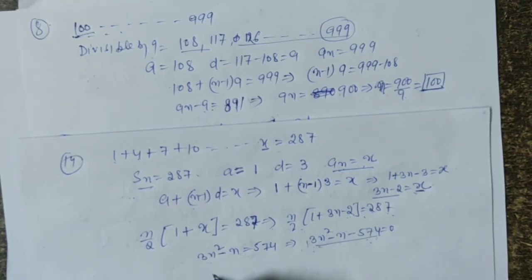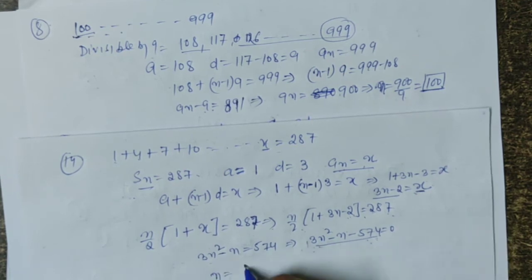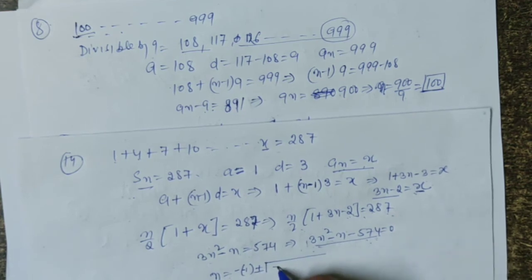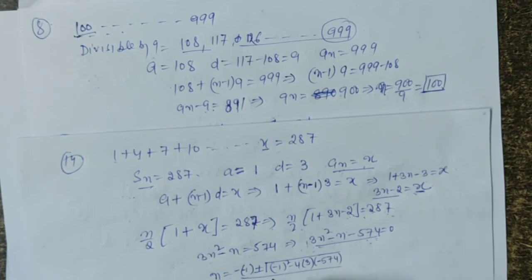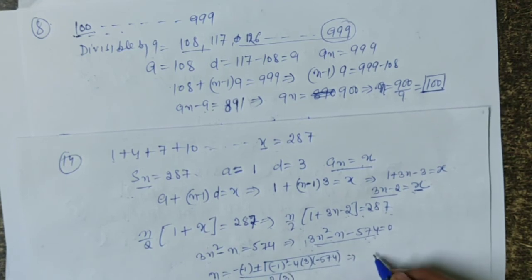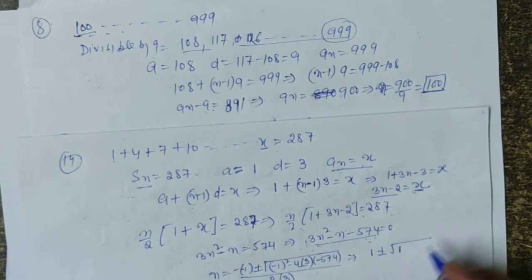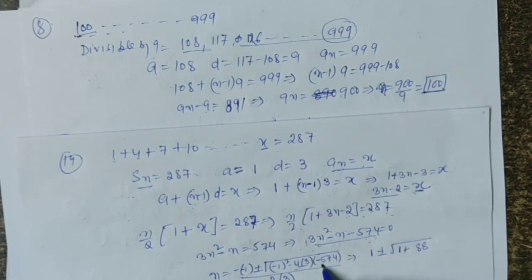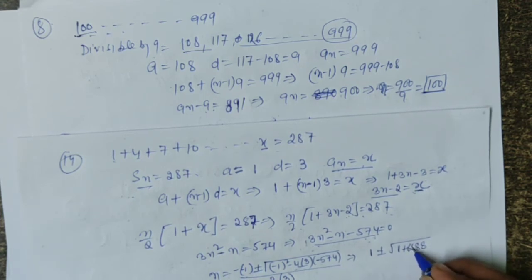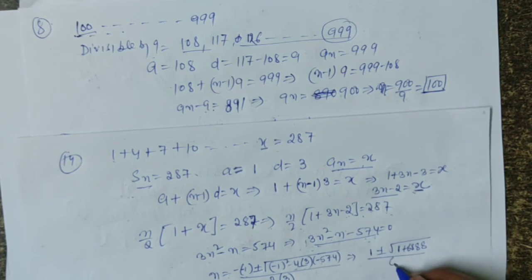That will be n equal to minus b plus minus under root of D upon 2 into 3. 1 1 is 1, 12 4 is 48, 12 7 is 84, plus 4 is 88, 12 5 is 60 and 8 is 68, upon 6.